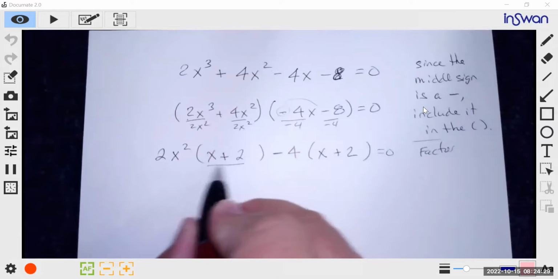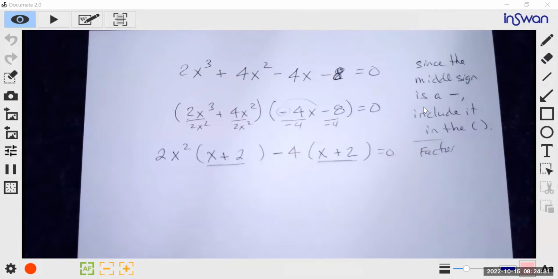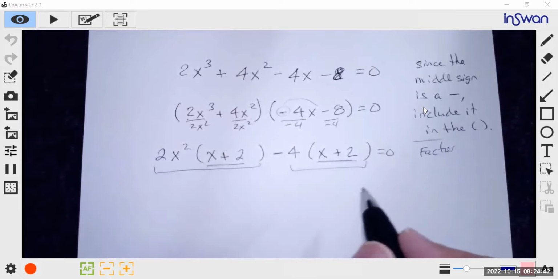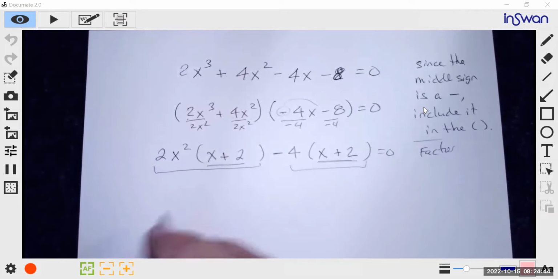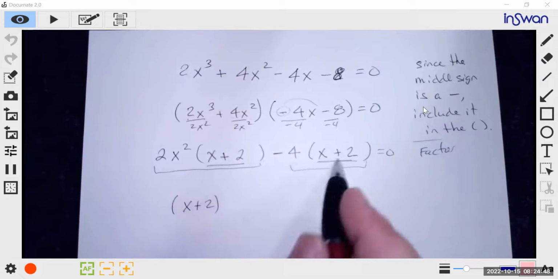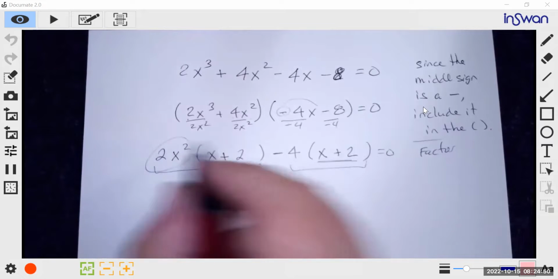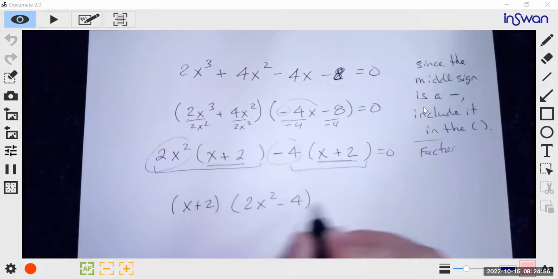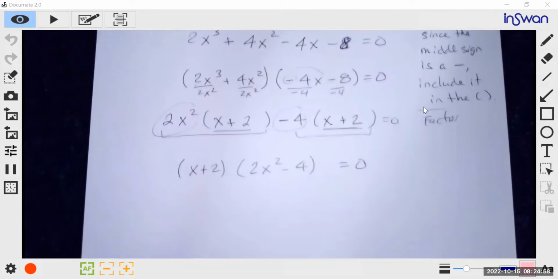What's important is whatever's inside the parentheses, you want them to be the same. Because in this first term and the second term, we have to factor out what's the same. They both have an x plus 2. Since they both have an x plus 2, whatever is in front, the coefficients, we put those inside there.